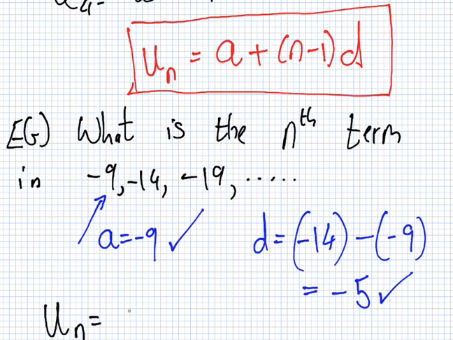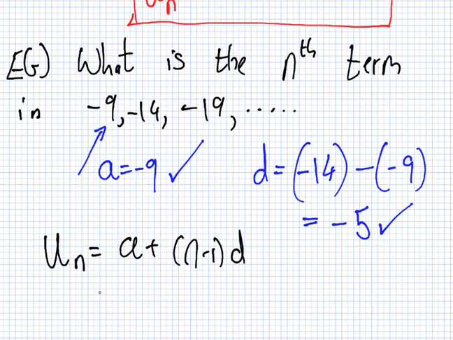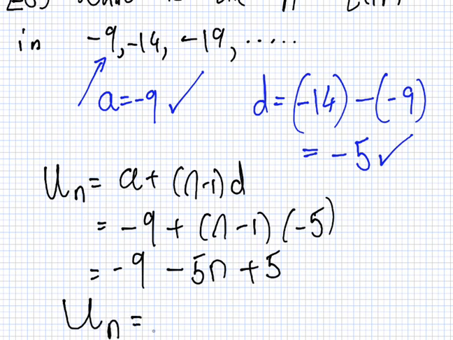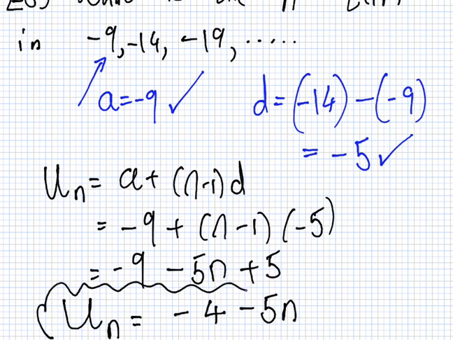Un is A plus (n minus 1)D. That is minus 9 plus (n minus 1) times minus 5, which is minus 9 minus 5n plus 5. So I have Un equals minus 4 minus 5n. And this is the answer. You can check that it works.